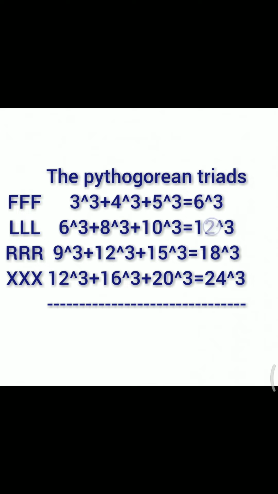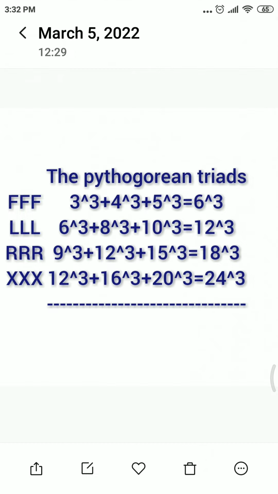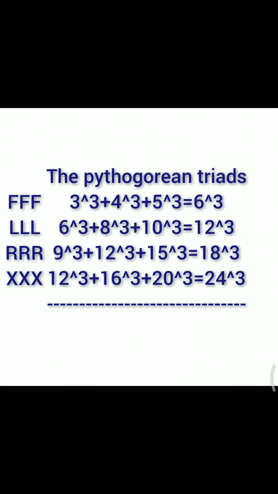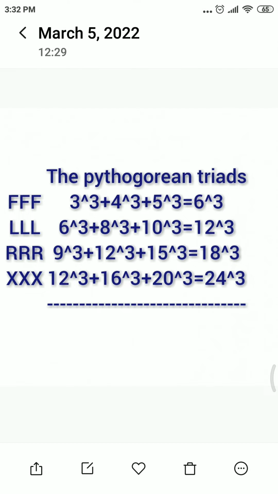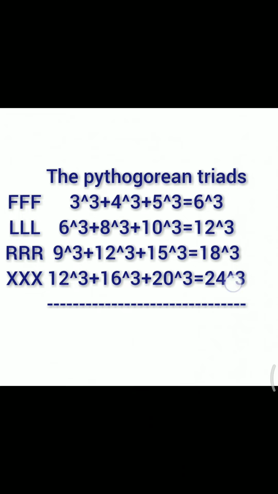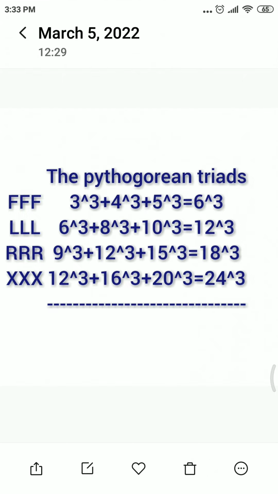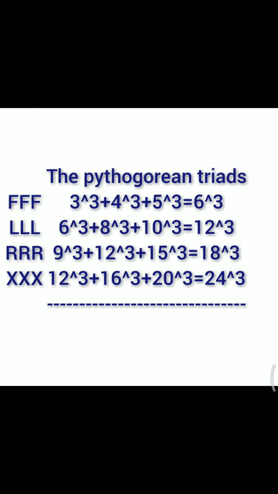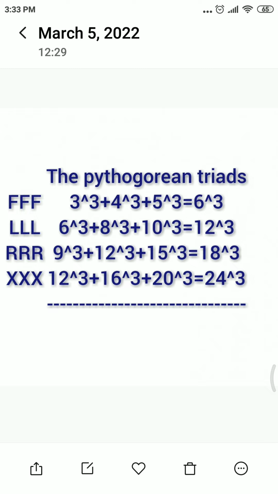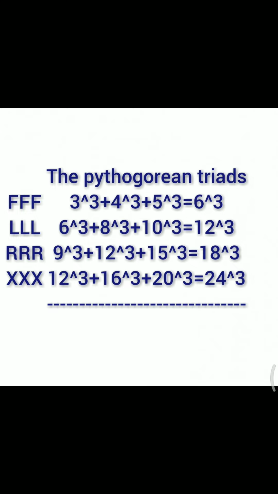And this 12 cube conspicuously appeared here, not here, right? So 12 cube, 16 cube, 20 cube gave rise to 24 cube. So the third row, that of 9, 12, 15, the triad giving rise to 18 cube, is odd man out here.